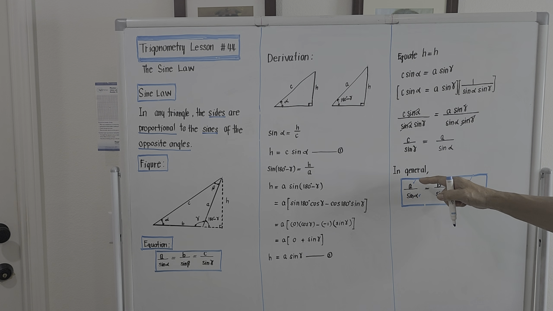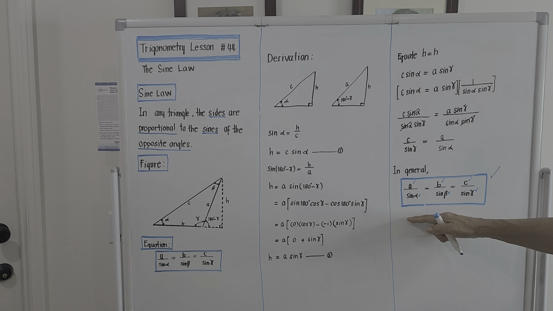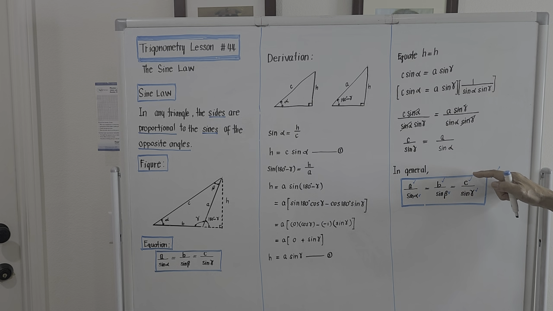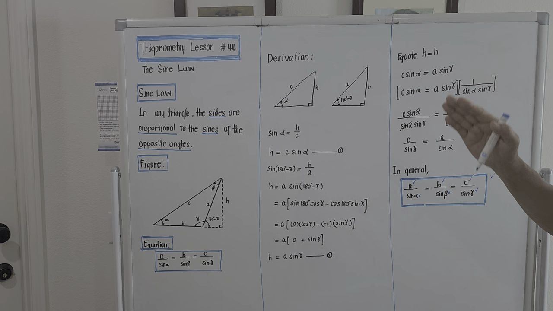A is the side opposite angle alpha, small b is the side opposite angle beta, and side C is the side opposite angle gamma. That's sine law. They are proportional, meaning the ratio of A over sine of alpha should be equal to B over sine of beta, and this should be equal to C over sine of gamma. That is sine law.